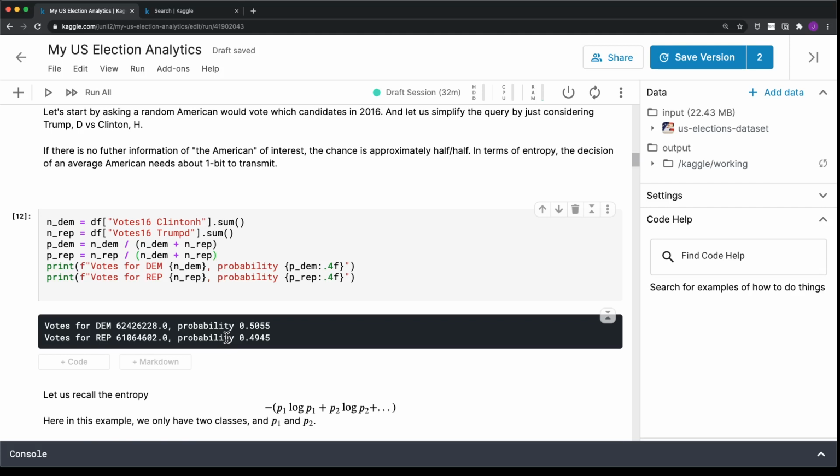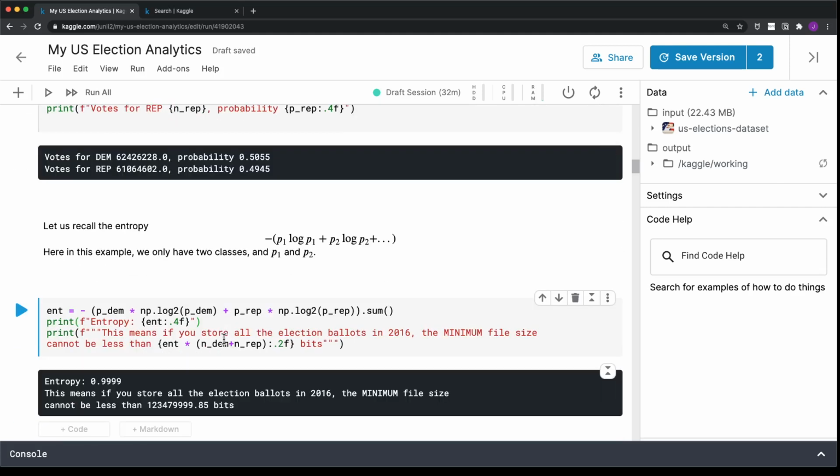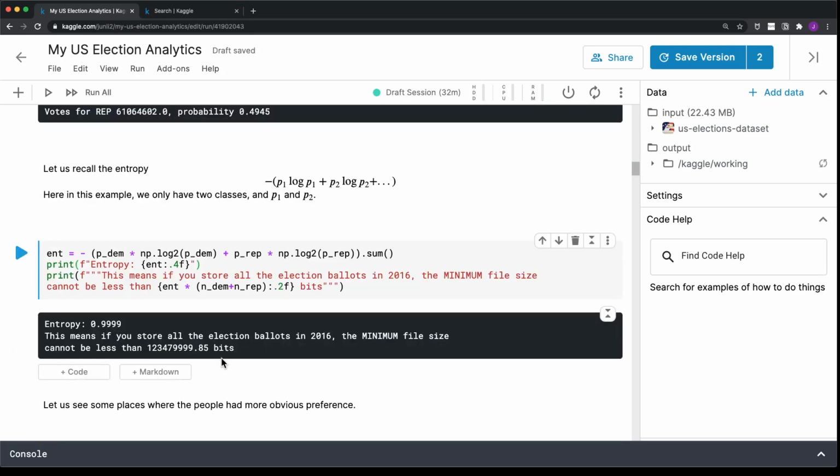Therefore, I will need 1 bit of information to describe who he or she will vote for. So basically we explained this quantity. That is the basic computation we will use.